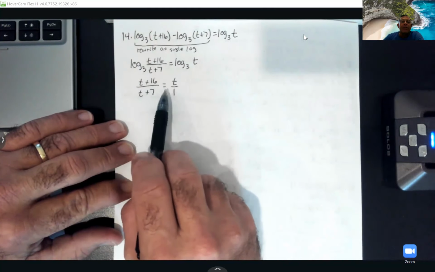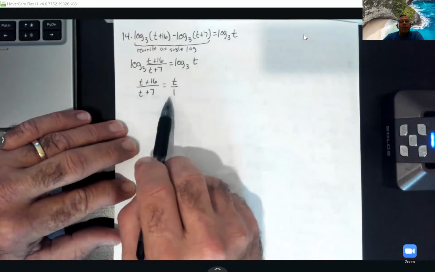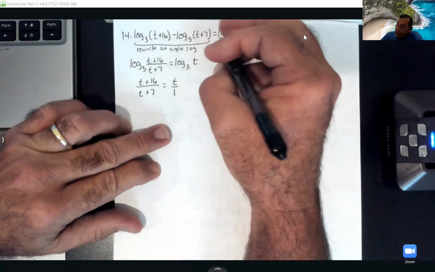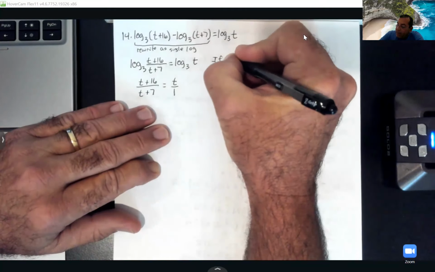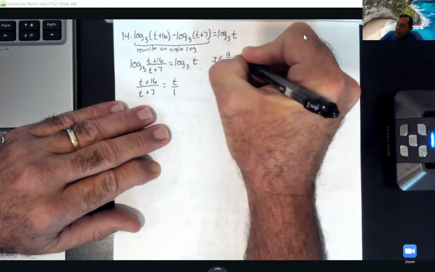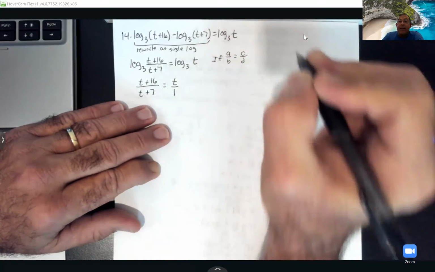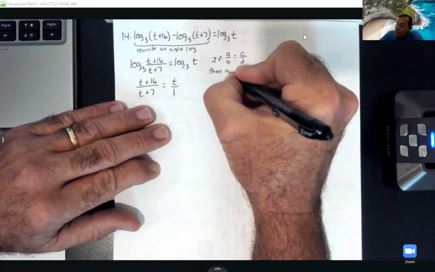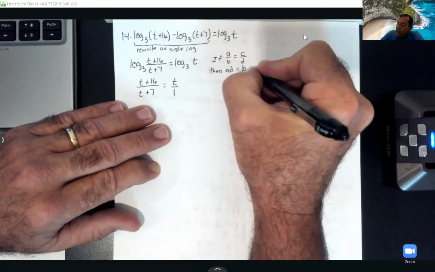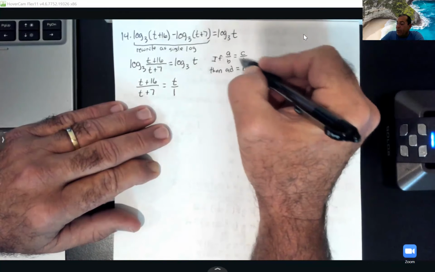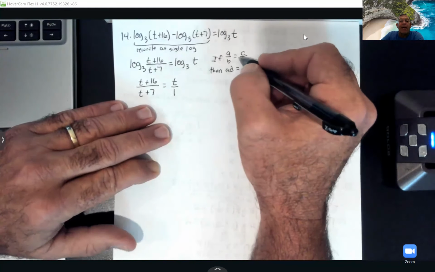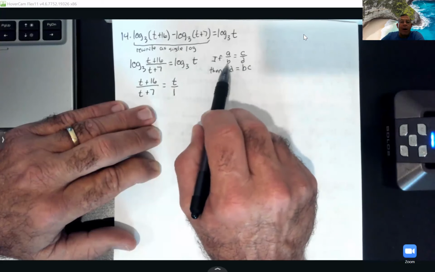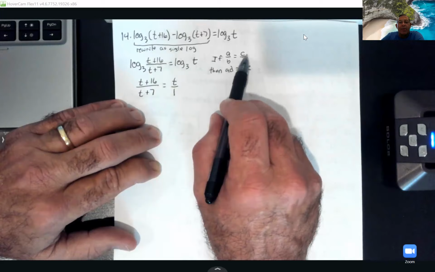To solve this for the t, I'm going to cross multiply. So, y'all, I'm going to use this property right here. If A over B equals C over D, then A times D equals B times C. So we cross multiply to get rid of these fractions. The top of one fraction times the bottom of the other one, the bottom of the first fraction times the top of the second.